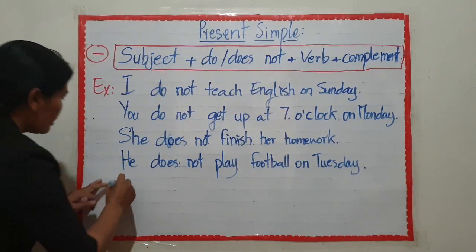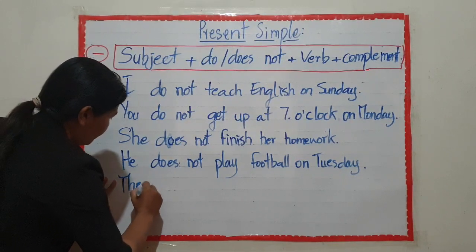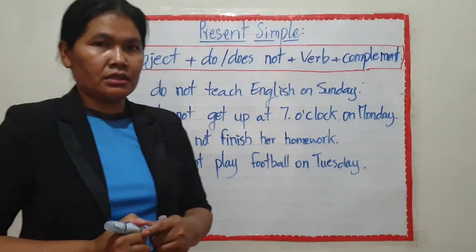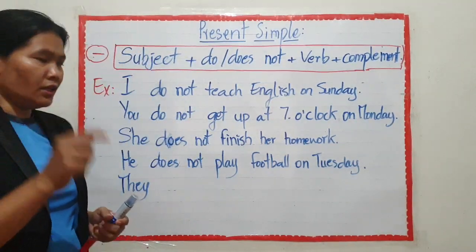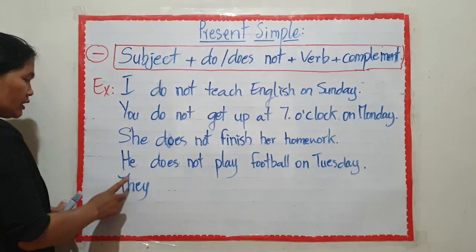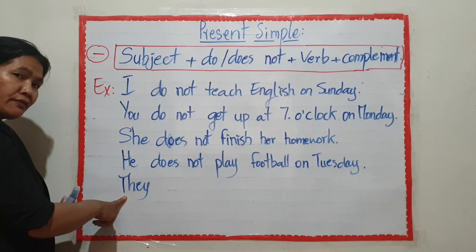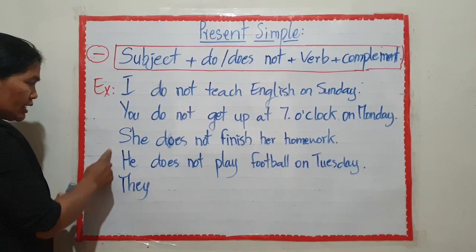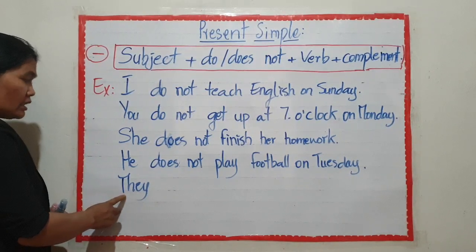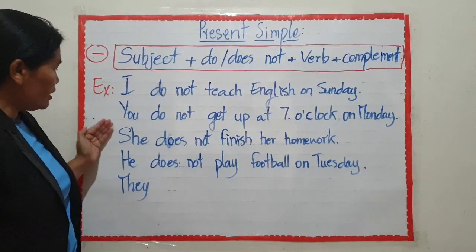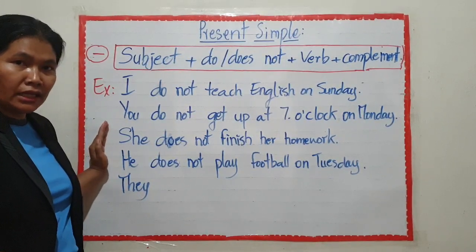One more. Okay, they. They does not or they do not? Look, they is third person singular or third person plural? The same as she, he? Yes, the same, but they is plural, not a singular like he or she.